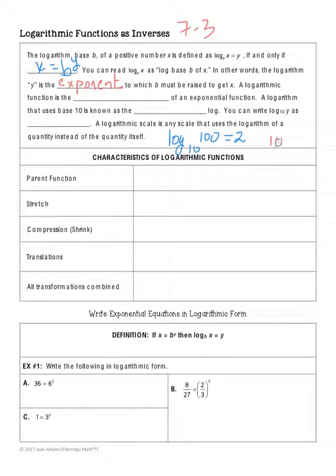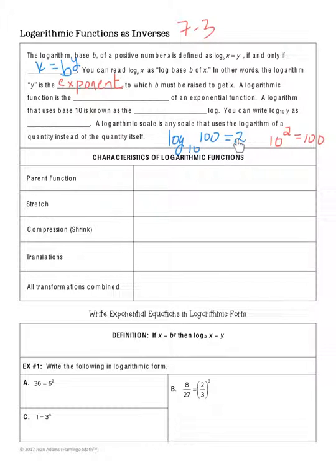All right, so 10, 100, and 2. Would you agree that if I took 10 and squared it, we would get 100? That's a true statement, right? Notice that this is the log form, and this is its exponential form. They are two different forms to identify the same thing. They both have the same base, but the 100 and the 2 are switched.